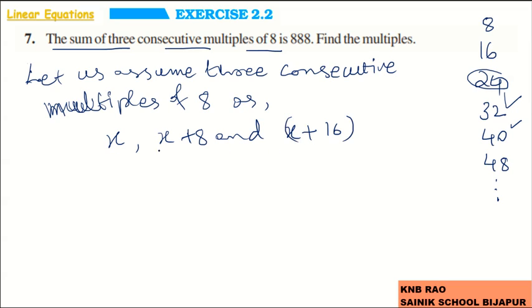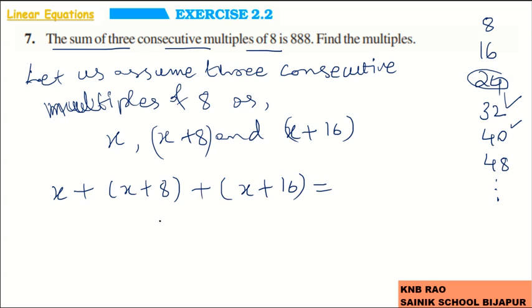That is 8 more than the first, and further 8 more means 16 more than the first. So their sum, x plus (x plus 8) plus (x plus 16), these three of them total 888. So this is what we are given.